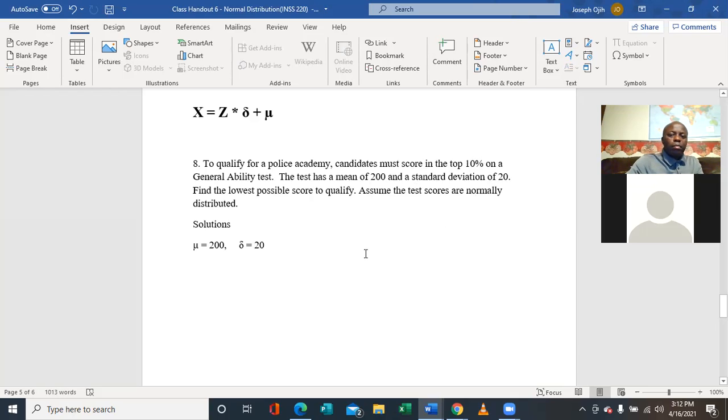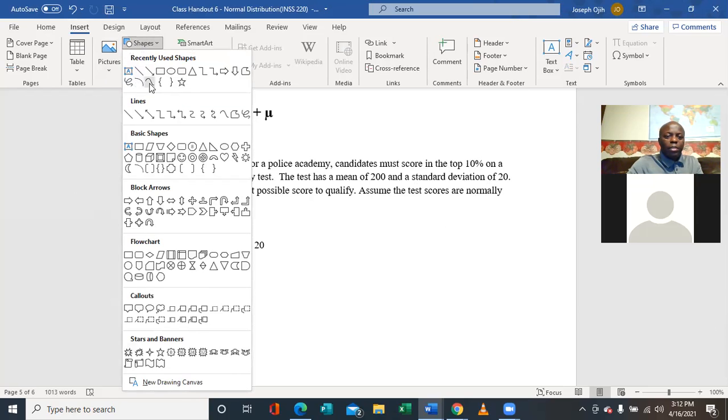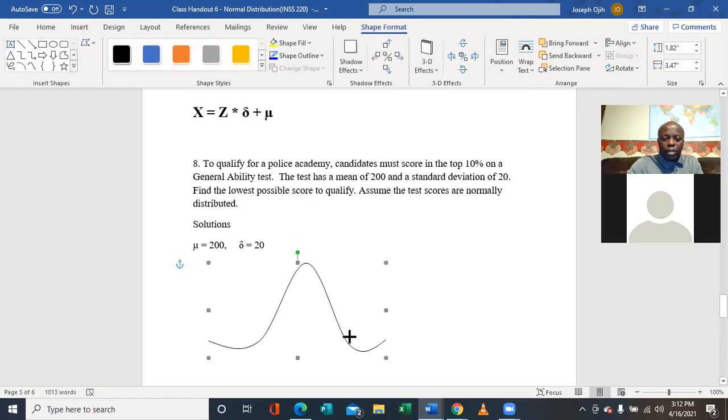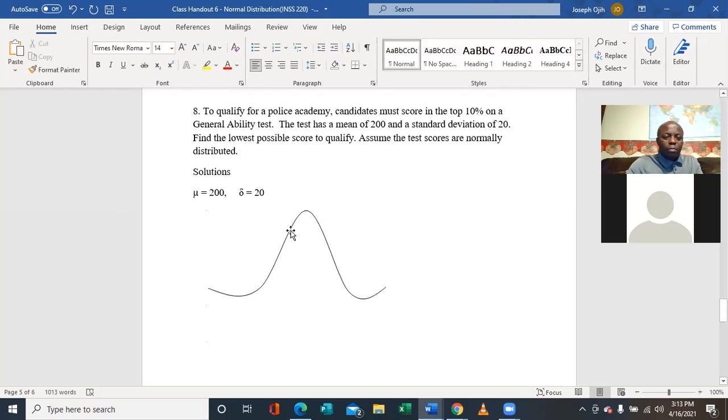Let me put it in this form. Let's draw the chart first, and from there we can figure out what we can put for the 10%. Starting from here, we'll go this way. Now we can put other information in the chart.